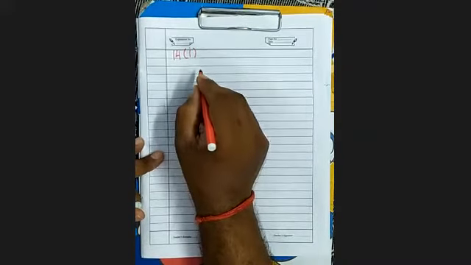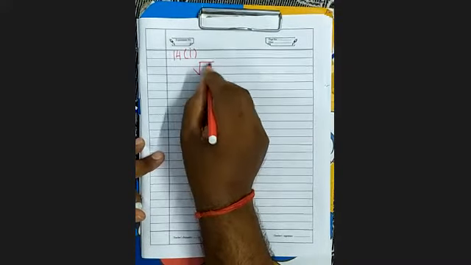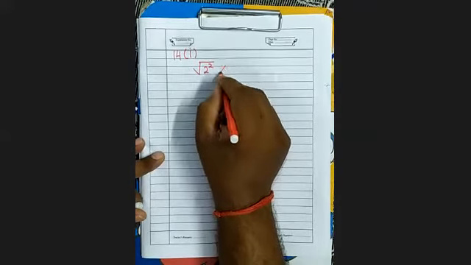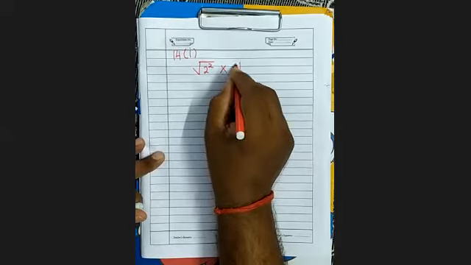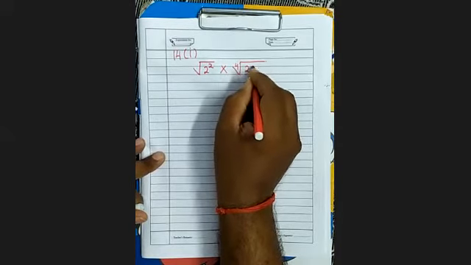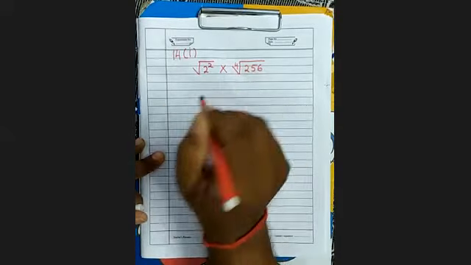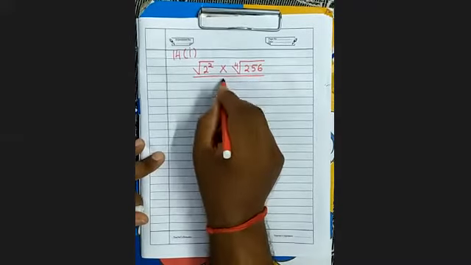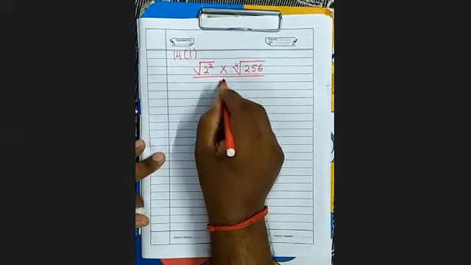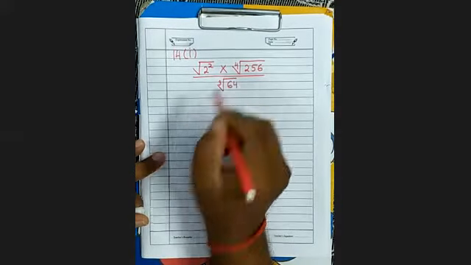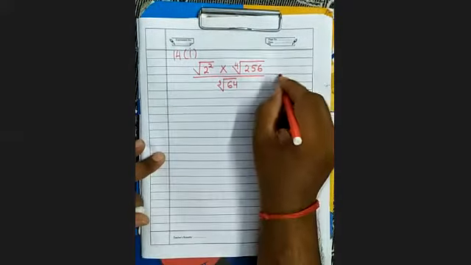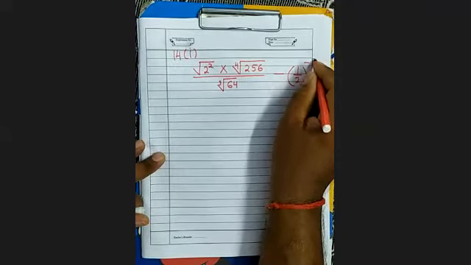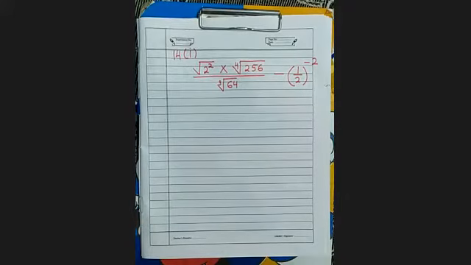You can see here 2 square, square root 2 square. Then it is fourth root of 256 upon cube root of 64, minus 1 by 2 whole to the power minus 2.